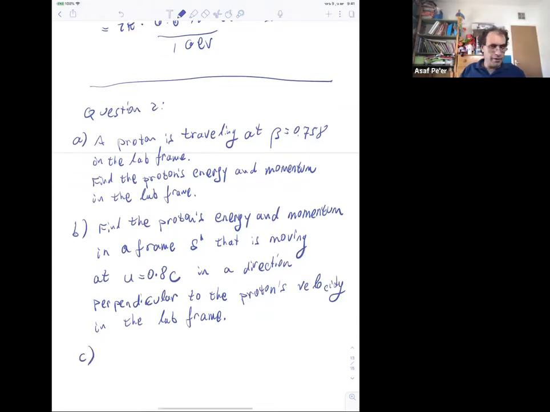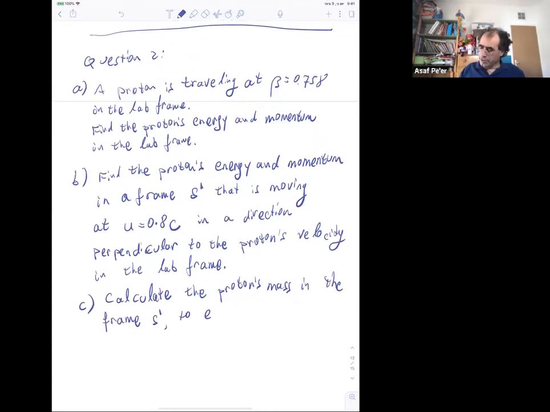And the third part is to calculate the proton's mass in the frame S prime to explicitly show that it is invariant under Lorentz transformation.